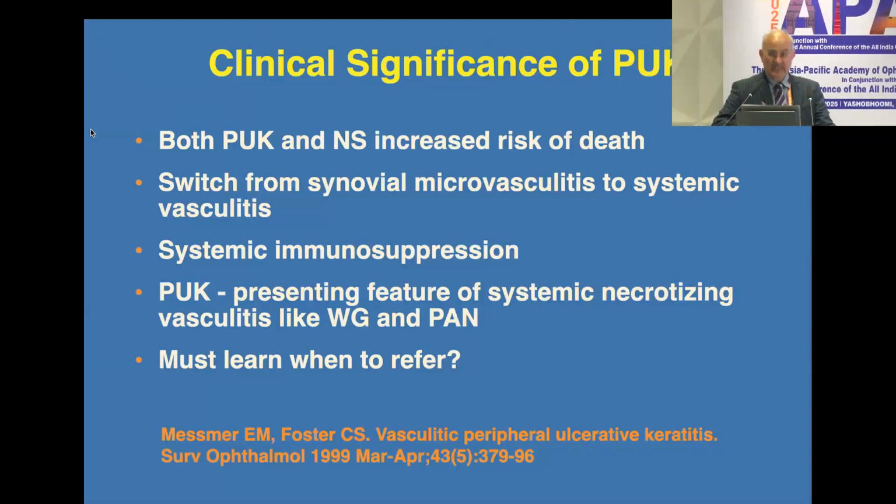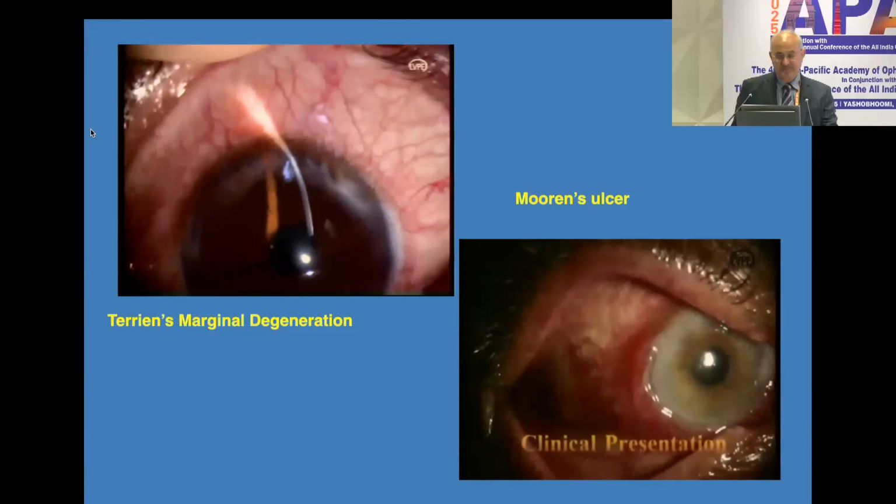So you should not take it lightly. If you don't know how to handle these patients, maybe refer to a rheumatologist, so that we get to the bottom of whether this patient has any threat to life. In the literature there is enough evidence, and that is why these patients need systemic immunosuppression.